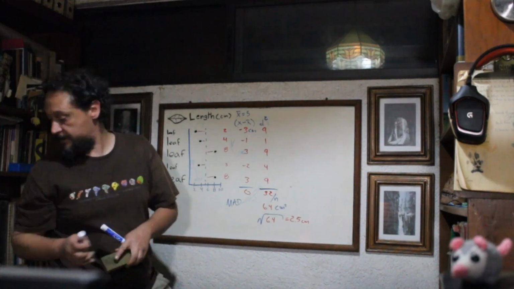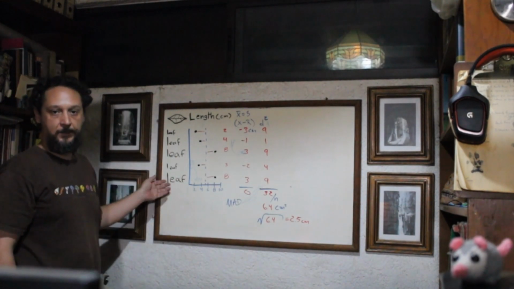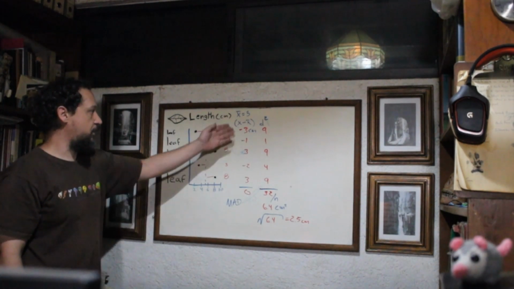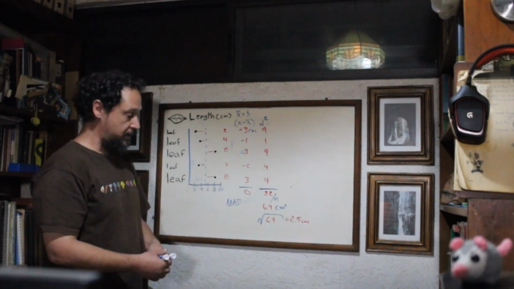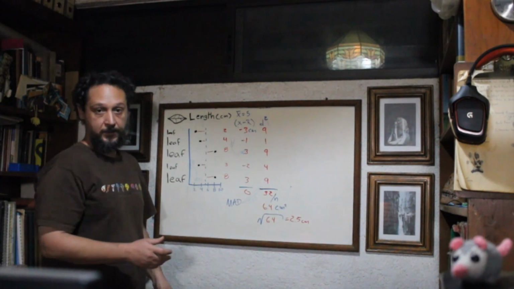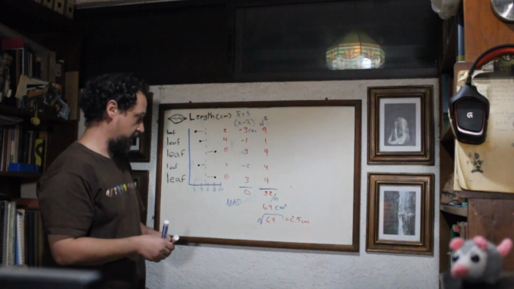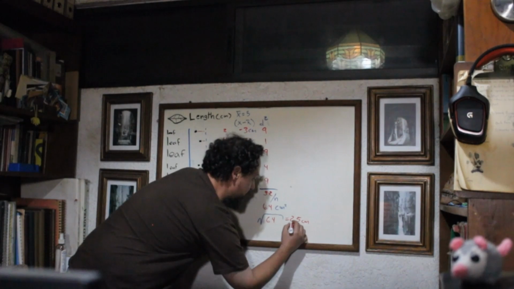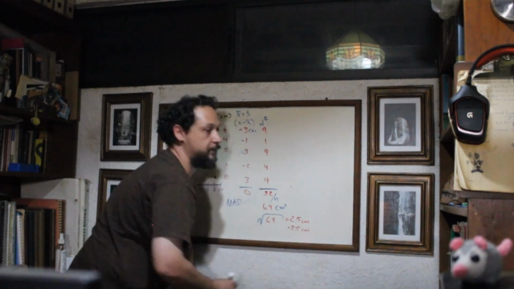And now it makes sense because we can say that this sample of leaves has a mean of 5 and a standard deviation of 2.5 centimeters. And this goes in both directions. So the population ranges between plus and minus 2.5 centimeters.